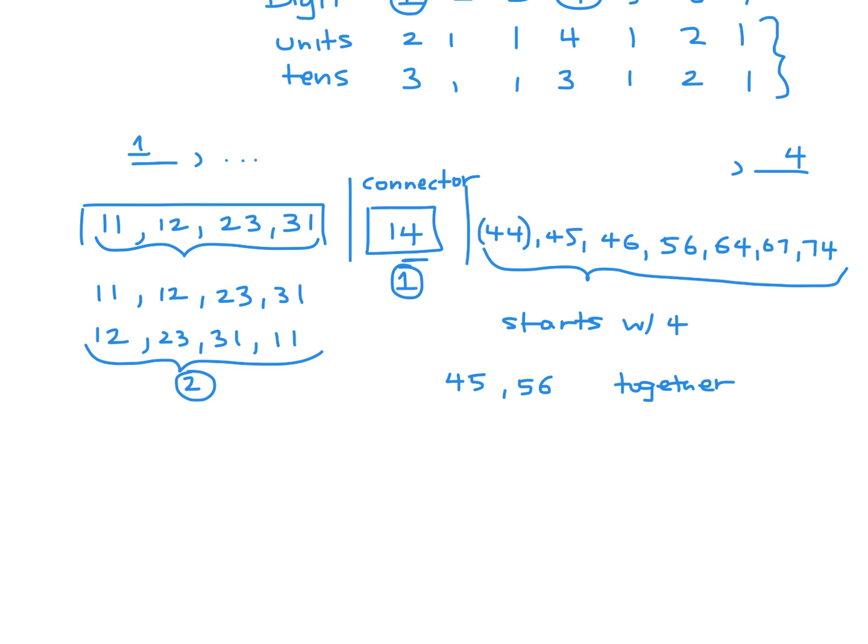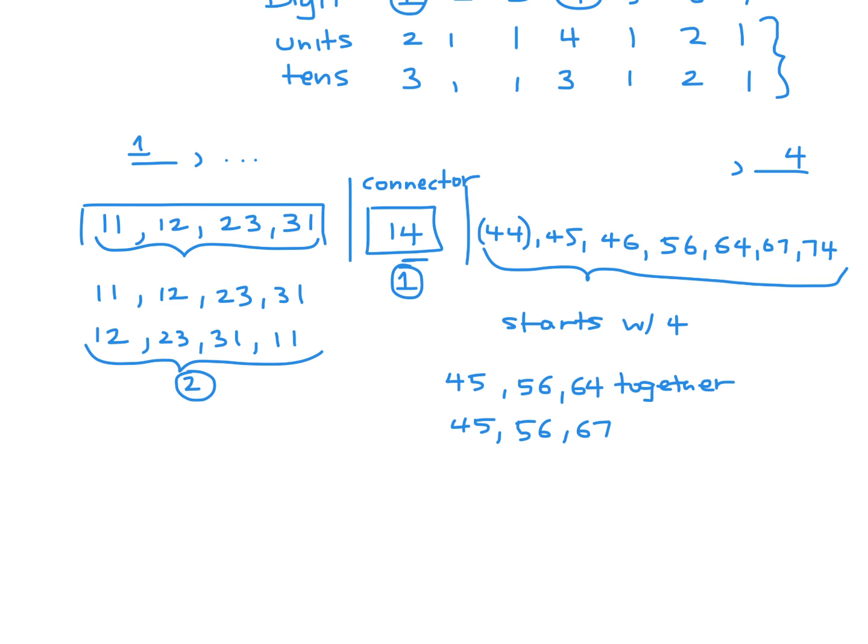So you could have 64 like that, but you could also have 45, 56, and 67. You see, there's two choices there.